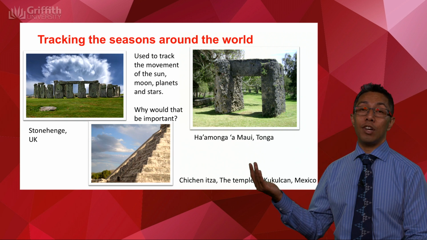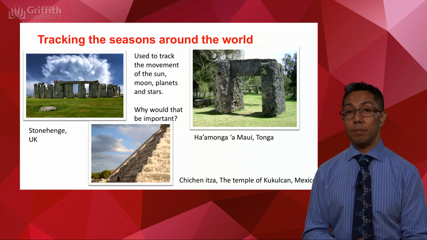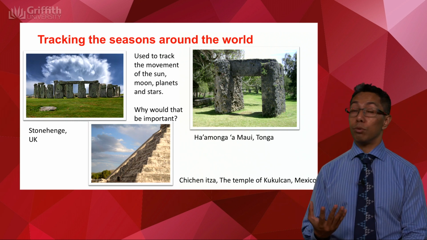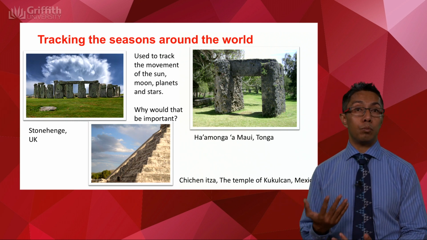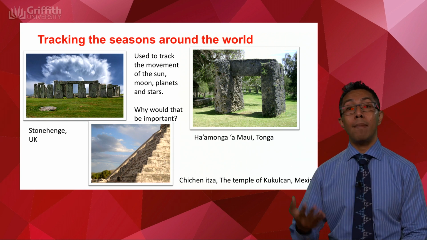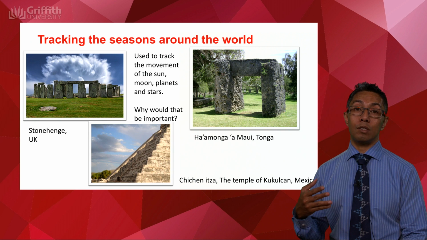So for example, Stonehenge is probably one of the most famous of these structures. You can actually observe the equinoxes and solstices, and one of its primary purposes was to mark when the midwinter solstice was.